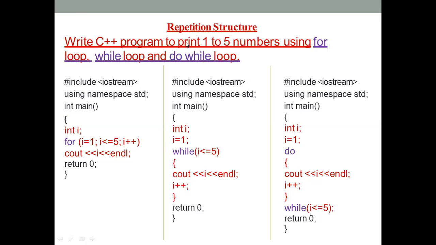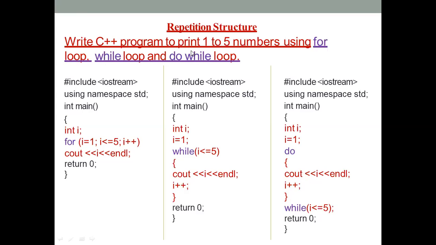We are going to write the program to print 1 to 5 numbers. It means that when you run the program, the numbers come 1, 2, 3, 4, 5. But we are going to use three types here: the for loop, the while loop, and the do while loop, like the question said.